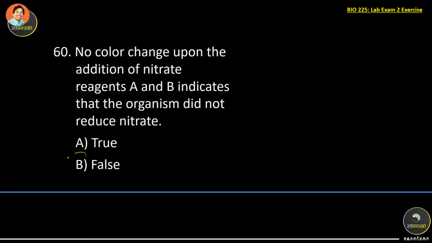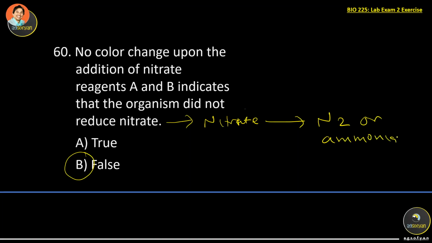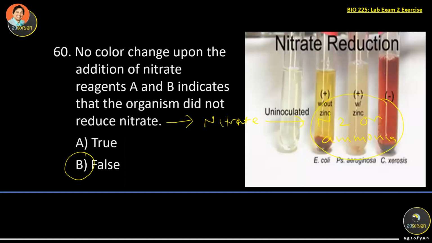This is false, because the nitrate could have changed into nitrite and then into nitrogen gas or ammonia, so this will not give a change of color. So this is false.